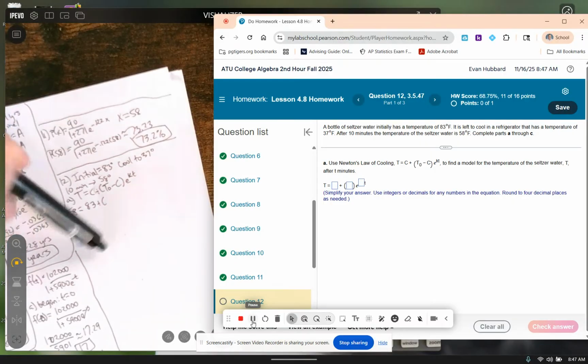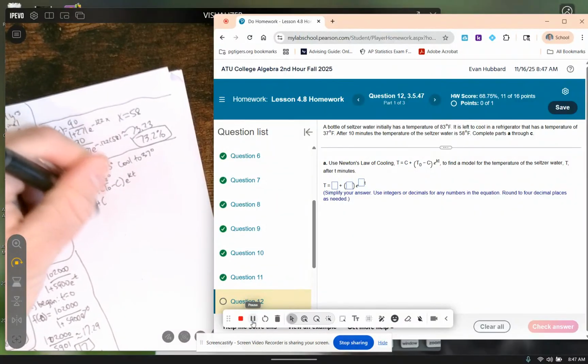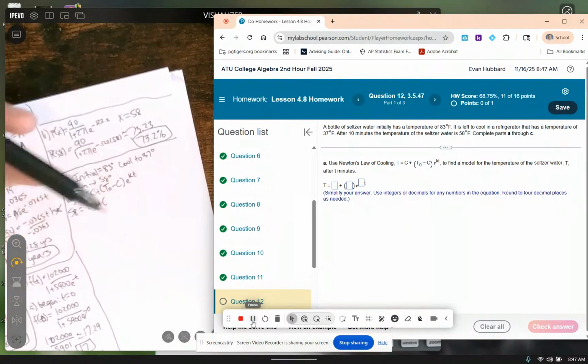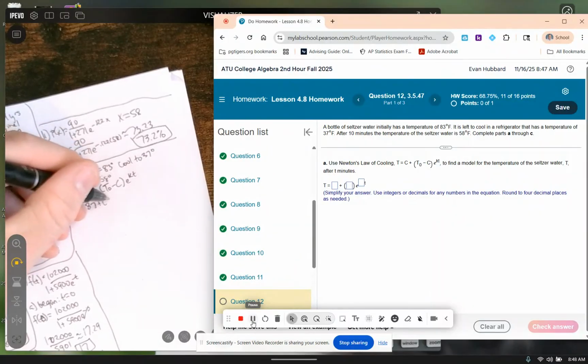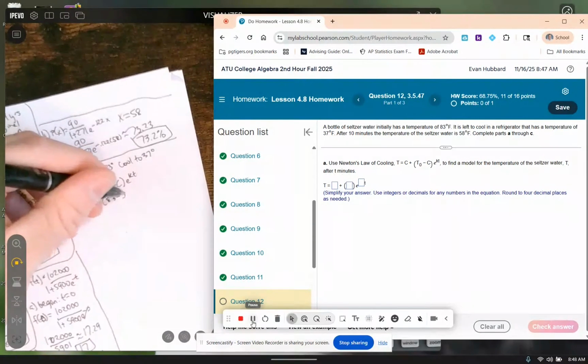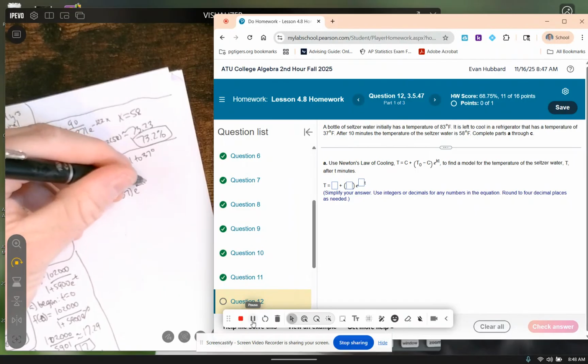The refrigerator is 37, so 37 is your C. And then your initial amount is 83 minus 37, times e to the k, and that's after 10 minutes.